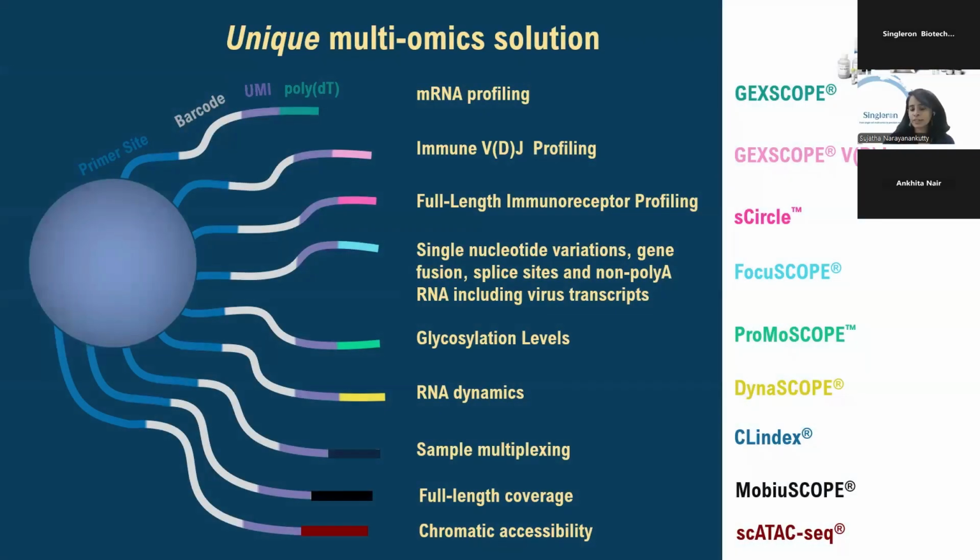So just to revise here, these are the assays that we have that can help you, as I mentioned, not just do mRNA profiling to build basic single cell atlases of disease. You can then use various other assays to go in depth to find biomarkers, understand pathogen work. We can also do immune profiling, which I've not gone in depth.